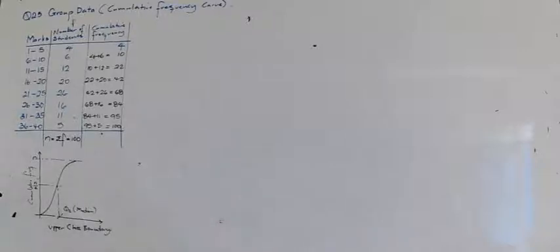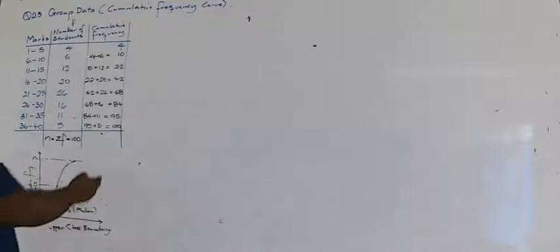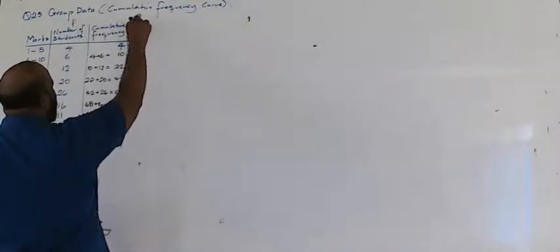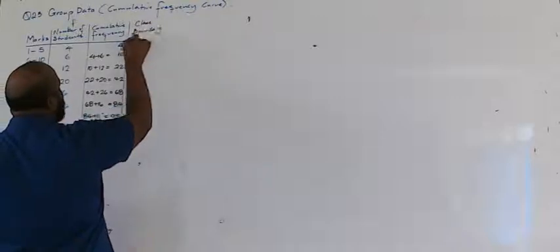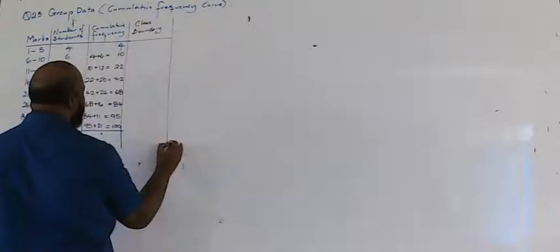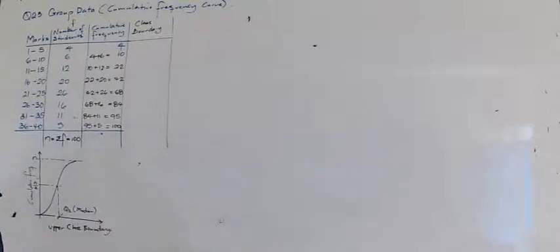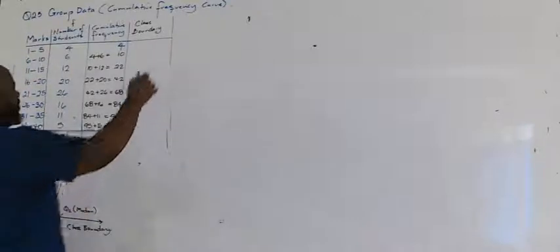Alright, so I need upper class boundaries. Just to remind you about some things, let's put in class boundaries. If you all remember, we add 0.5 to the upper limit and take away 0.5 from the lower limit.